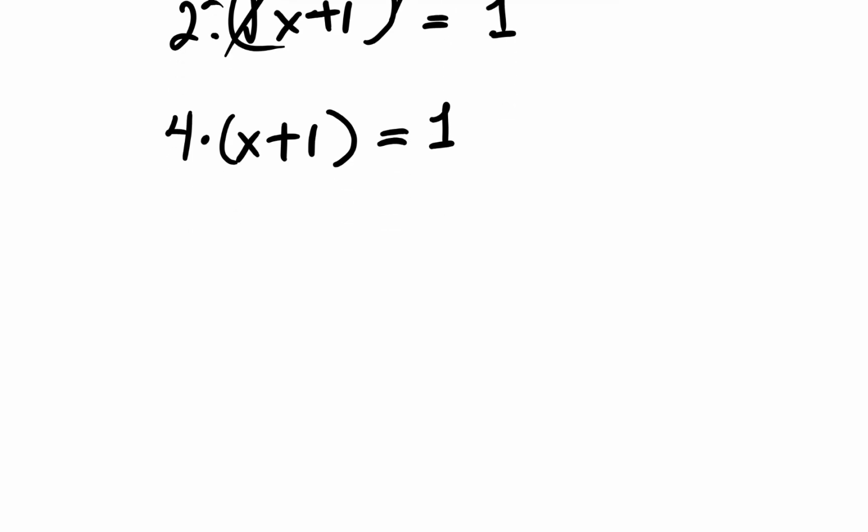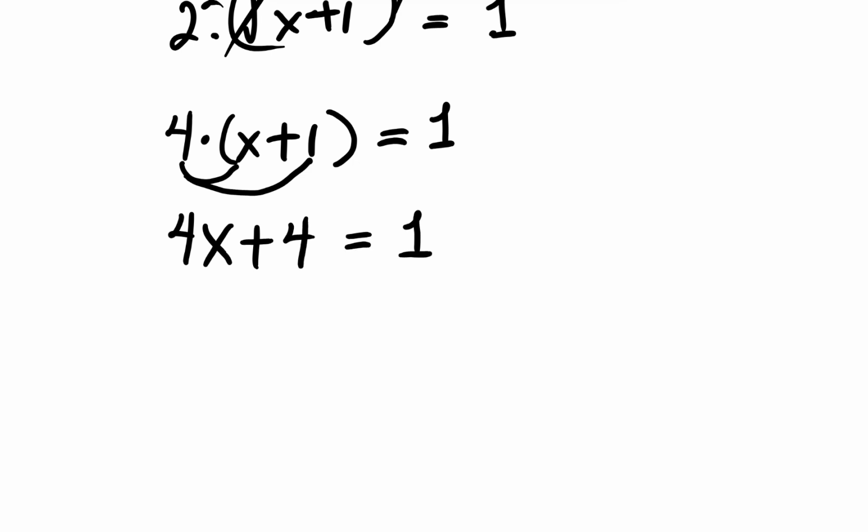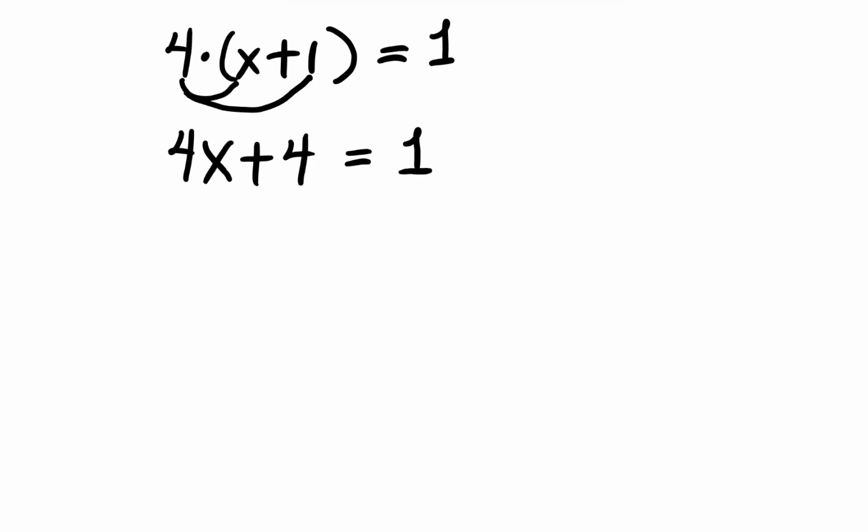Okay, so now we need to open up the bracket. 4 multiplies x gives us 4x, and then 4 multiplies positive 1 will give us positive 4, equals 1. Now, since we're looking for the variable x, we need to get rid of the number 4. To do that, we need to subtract 4 from both sides of the equation.